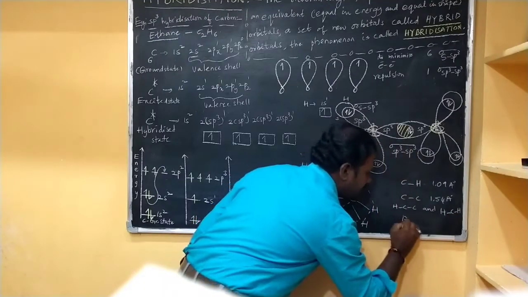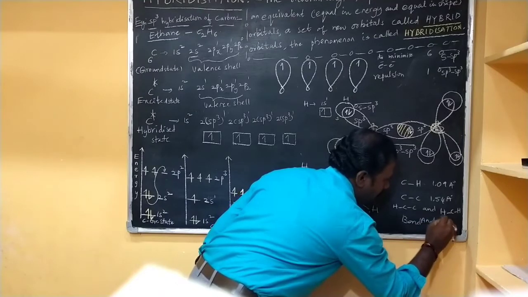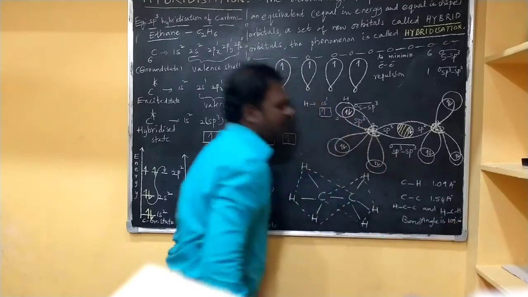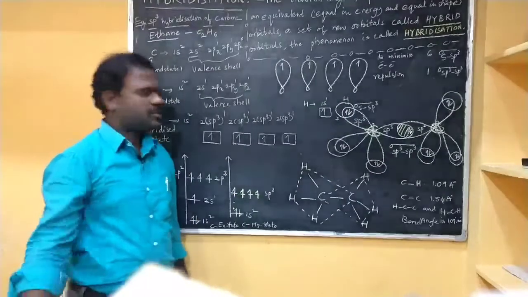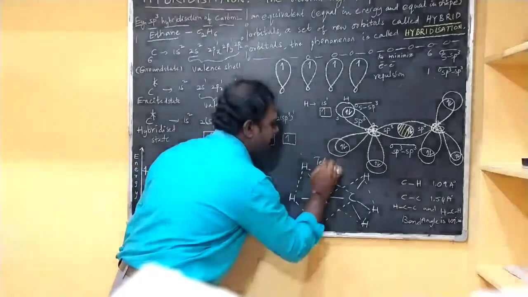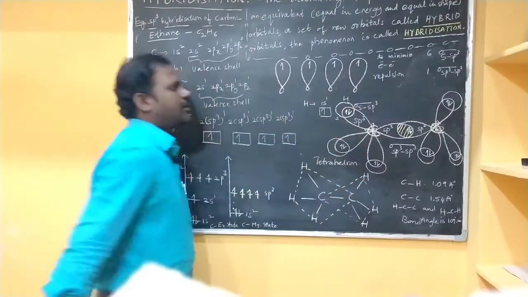The bond angle is 109 degrees 28 minutes. So what is the shape? Clearly, it is a tetrahedron.